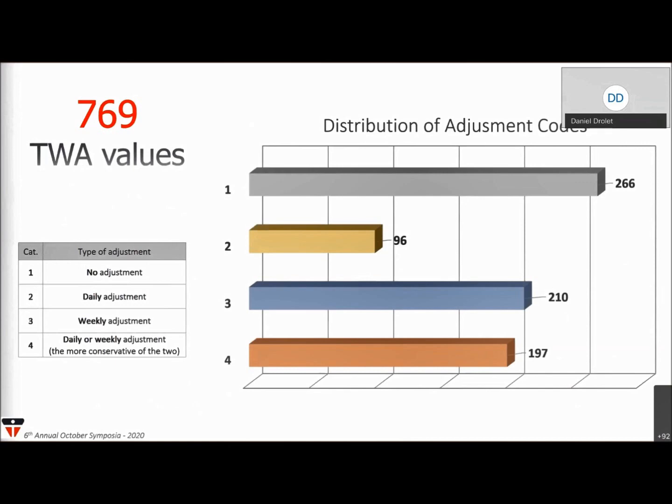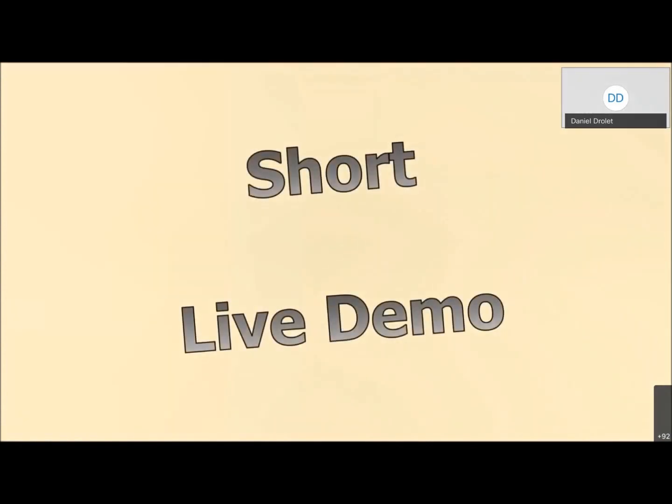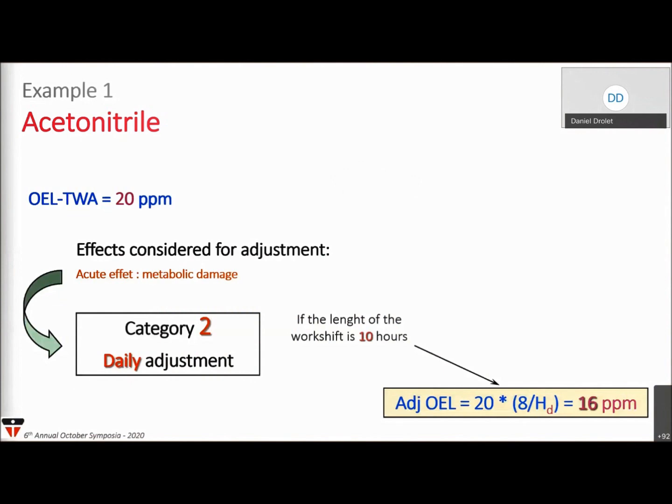So 266 substances have no adjustment, and the rest are adjusted either from 2, 3, or 4, and we will take some examples. So I'll try to start a live demo.